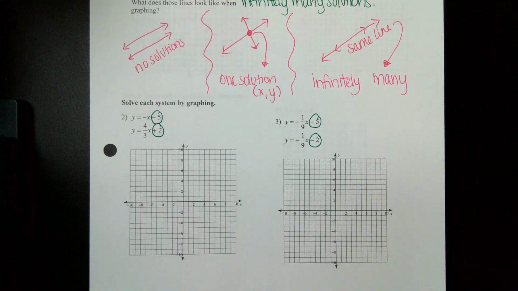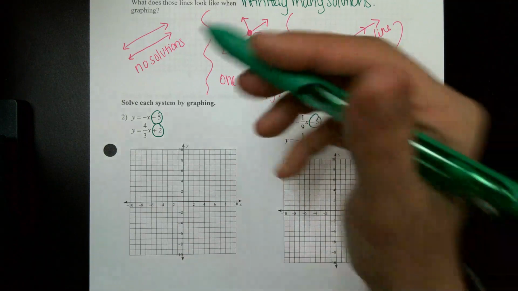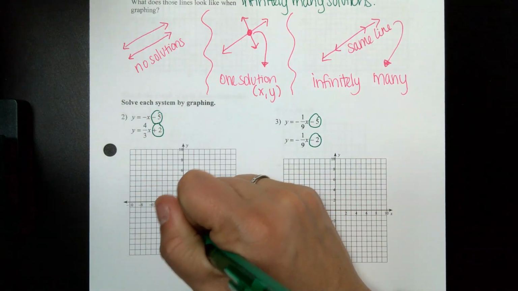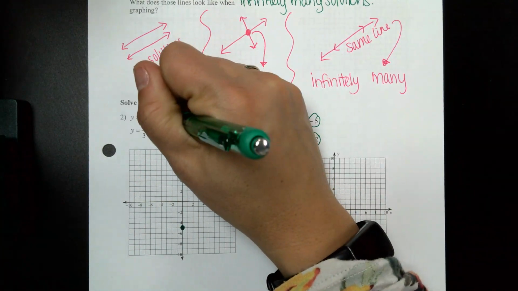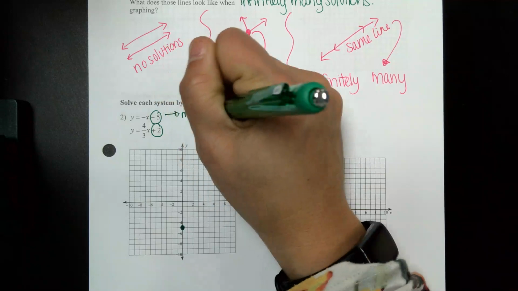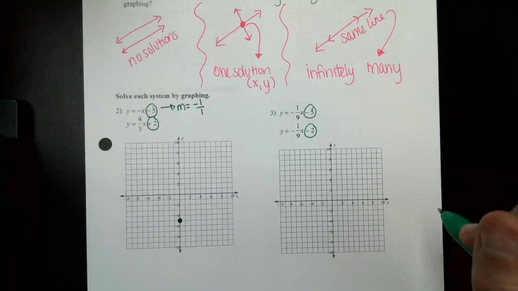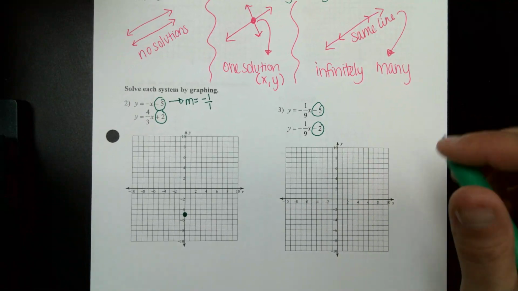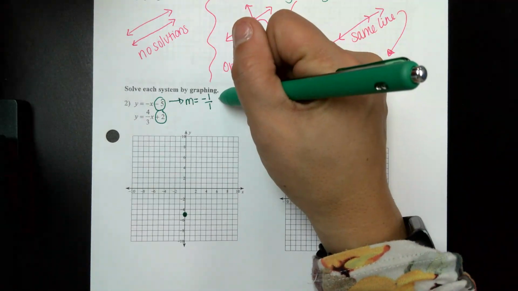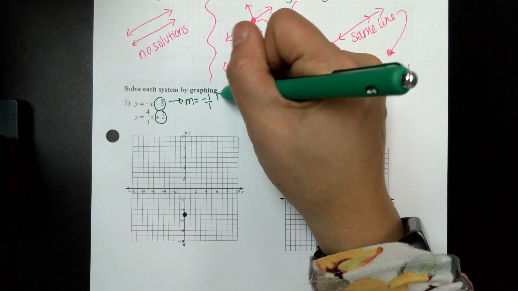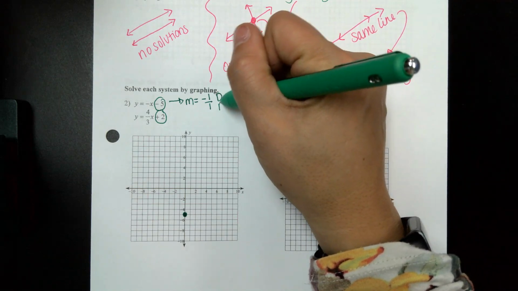So starting with the first equation, we're going to plot the -5, and then our slope is -1/1. So how do you plot your points if it's -1/1? Where do we go? We go down, right.